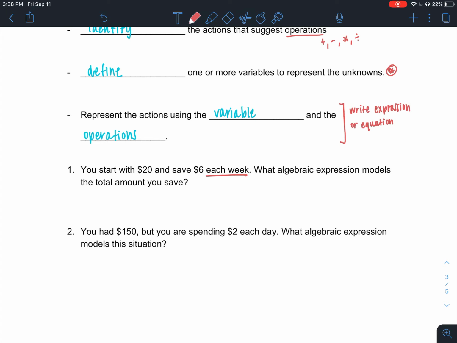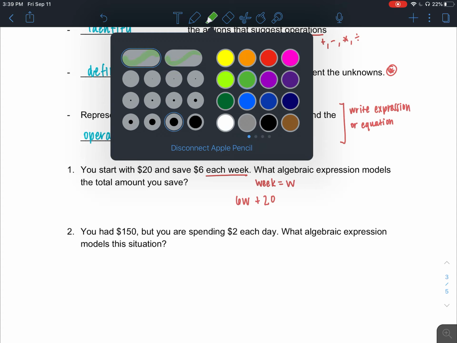So let's call our week W. But I'm saving $6 each week, so I'm going to do 6 times W because I'm going to have my number of weeks and then I'm going to multiply it by 6. And I also start with $20, so I'm adding 20 to whatever I make each week. So that right there is my algebraic expression.